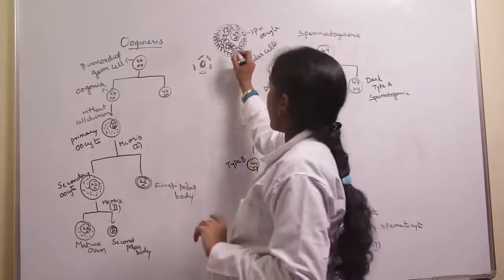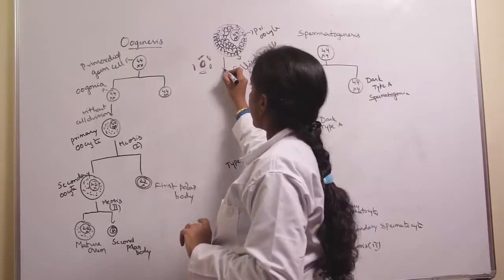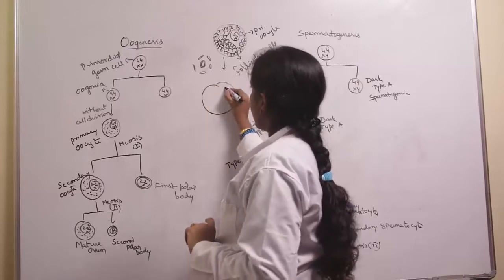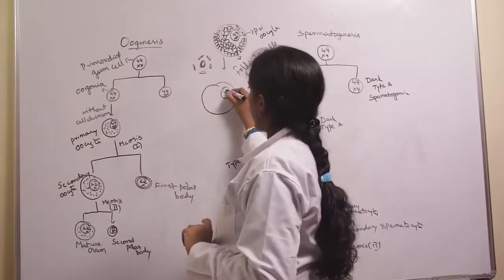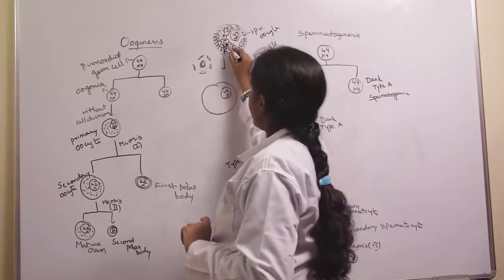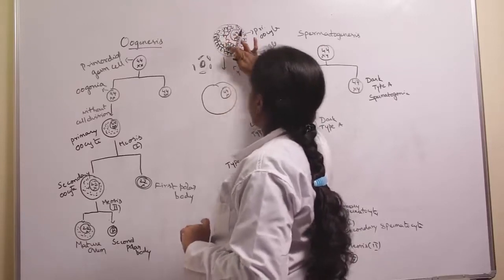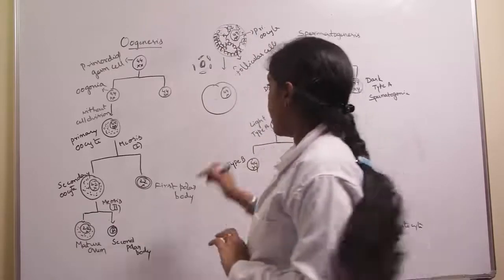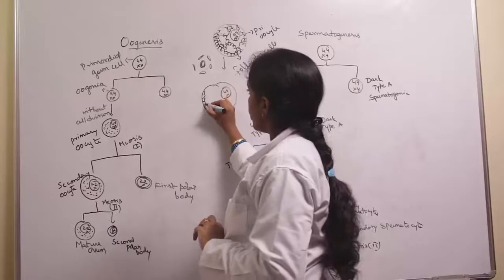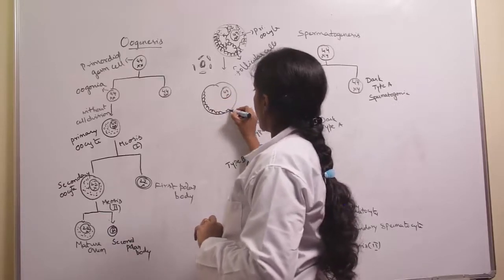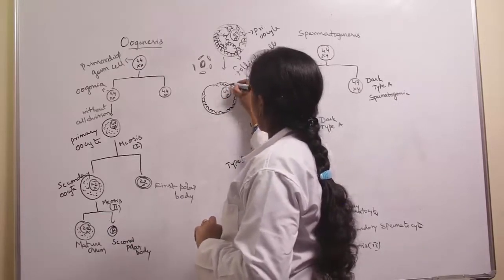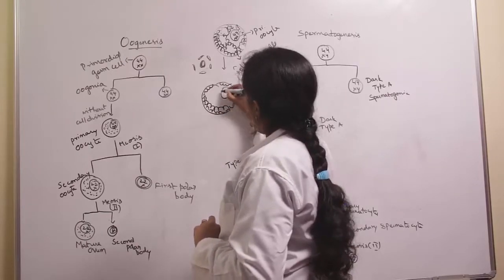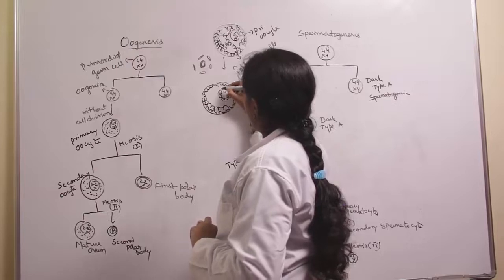How the secondary oocyte is formed, you will see in the diagram. So this is the primary oocyte. Now some spaces appear between the follicular cells, and the follicular cells are arranged into outer layer and inner layer.